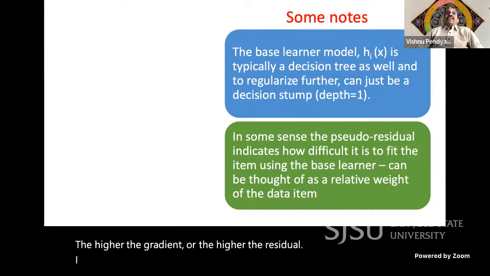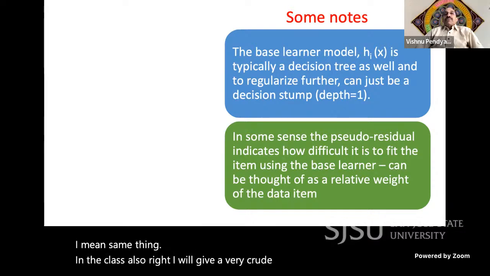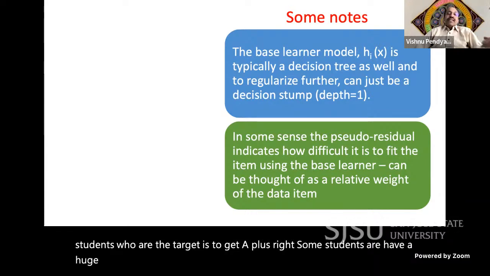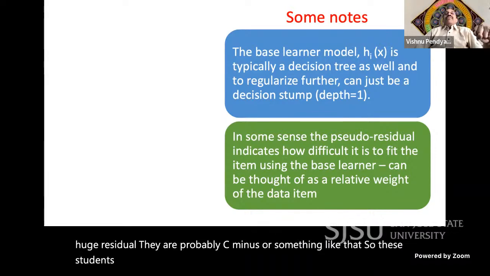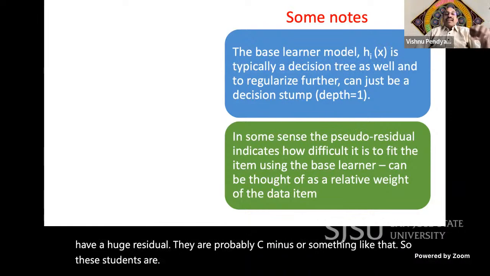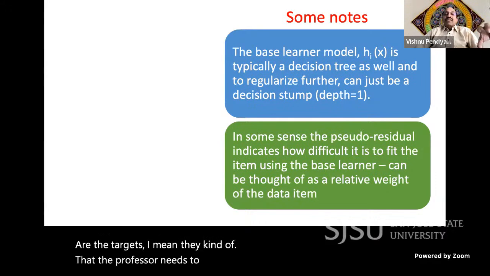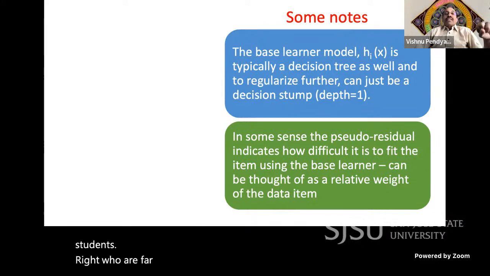Same thing in the class also, right? I will give a very crude example. In the class, the target is to get an A plus, right? Some students have a huge residual. They are probably C minus or something like that. The instructor needs to focus more on these students who are far away from the goal of A plus.